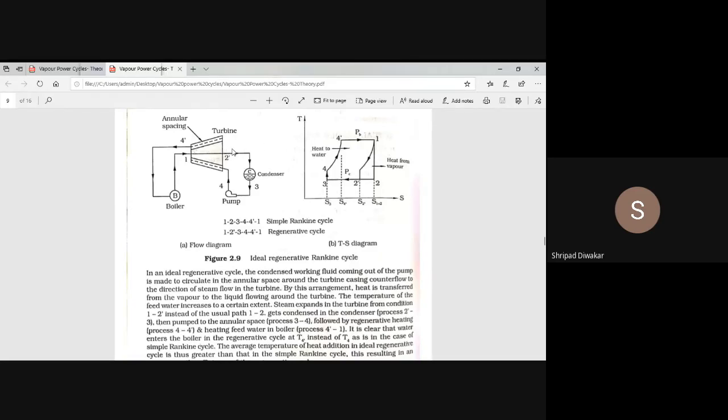And the remaining process you have to show the same. Condenser is there, pump is there. So in a normal Rankine cycle, after pumping, the condensate directly enters into the boiler, but here after pumping the condensate from the condenser, it enters into the outer periphery. That is the difference between your normal Rankine cycle and the ideal regenerative cycle.